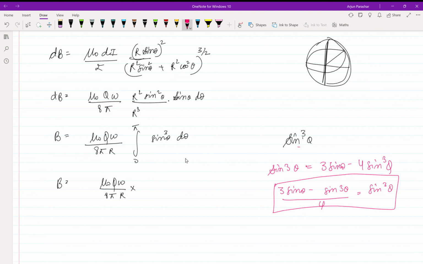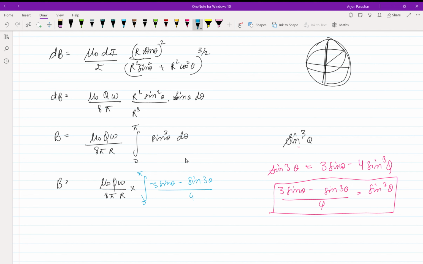I think it is correct, I guess. So what we'll do is we'll just plug in these values here, 0 to pi, 3 sin theta minus sin 3 theta upon 4 d theta, which becomes mu naught q omega by 8 pi r into, so the integration of sin is minus cos, and 0 to pi, which becomes, so we'll see.